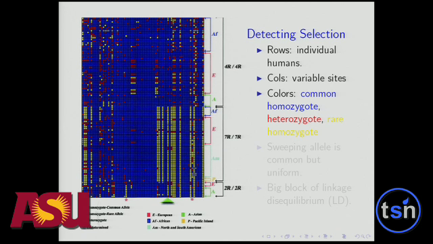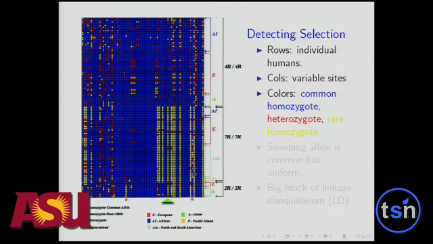And the color codes tell us what genotype that individual human being had at that site. So the dark blues are individuals who were homozygotes, had 2 copies of the common allele at that site. The yellows are homozygotes for the rare allele, and the reds are heterozygotes.